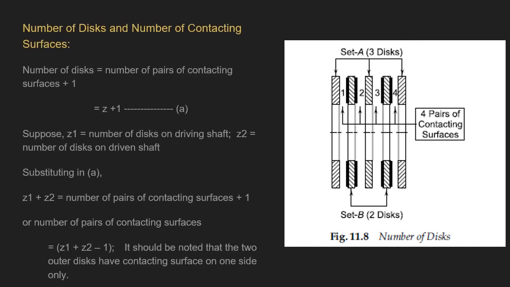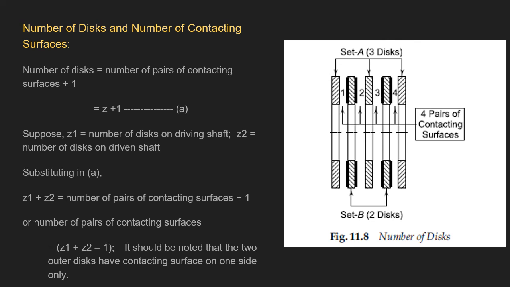So the number of discs we use will be equal to the number of pairs of contacting surfaces plus 1. In this figure, we have 5 discs, which is 4 contacting surfaces plus 1.